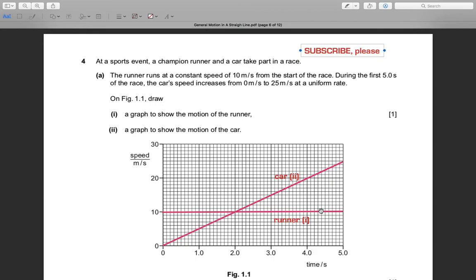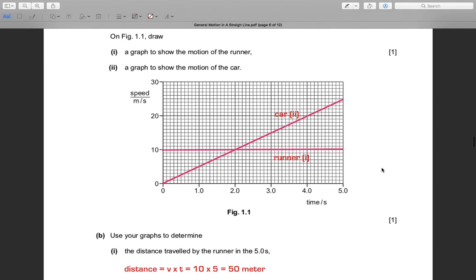For the motion of the car, because the car starts from 0 and reaches 25 meters per second at the time 5 seconds, we can draw the graph starting from 0 up to 25 meters per second here, like an inclined plane.